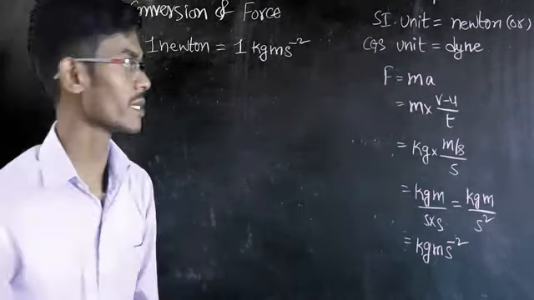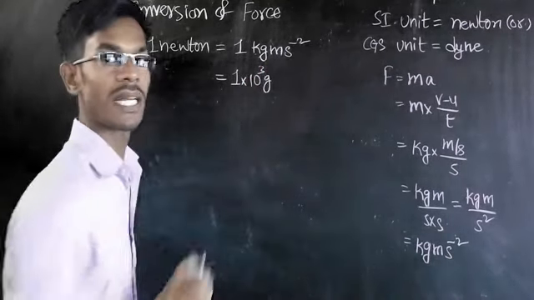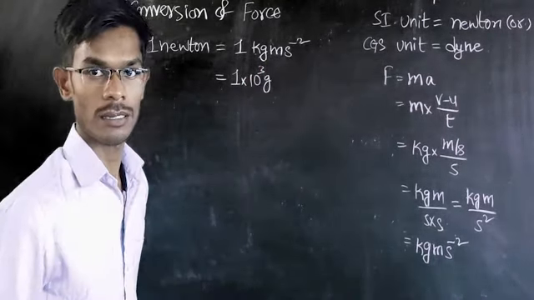So here kilogram is there. Kilo means how much? Kilo value is 10 to the power of 3. So 1 into 10 to the power of 3 gram. 1 meter means how many centimeters? 10 square centimeters, or 100 centimeters.